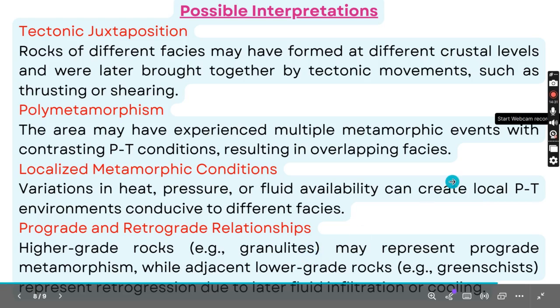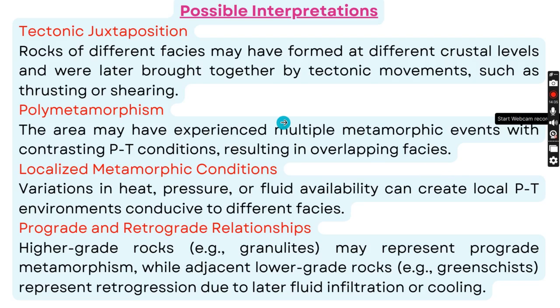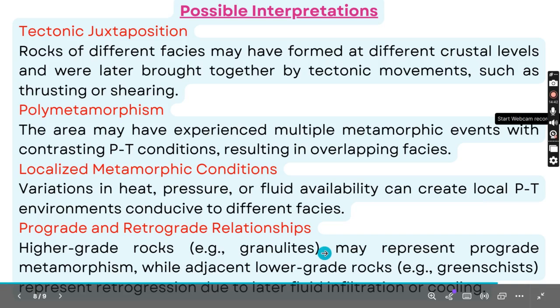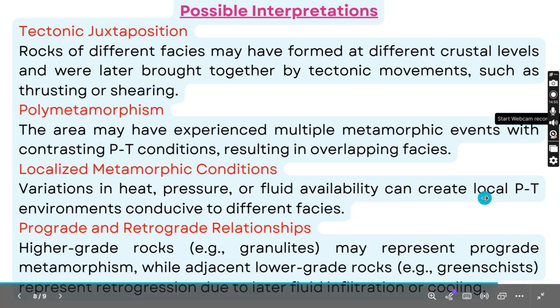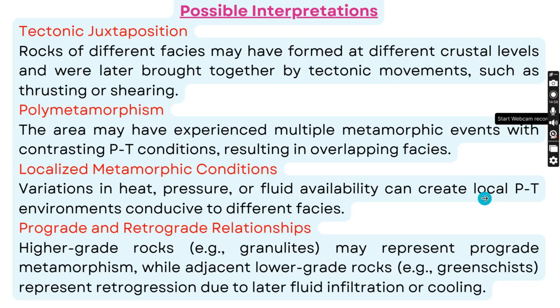And apart from that, as I have mentioned already, tectonic juxtaposition is one of the possible roles. Apart from that, polymetamorphism, localized metamorphic condition, and prograde and retrograde relationship are all important. But since graphite, see, the prograde retrograde relationship happens when higher grade rocks represent prograde metamorphism, while adjacent lower grade rock represents retrogradation due to addition of lateral fluid infiltration or cooling.